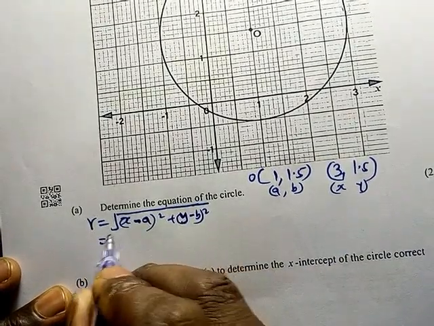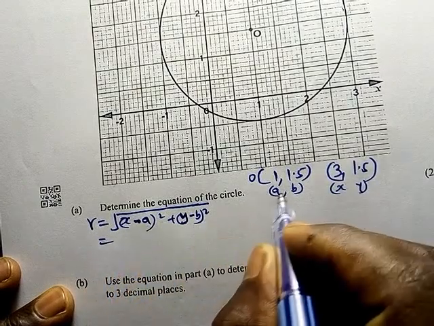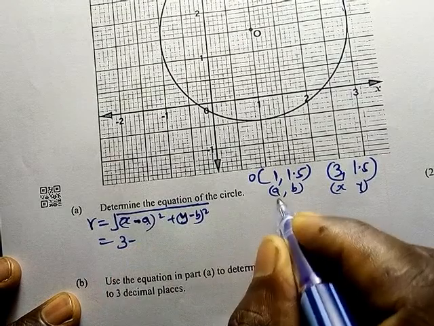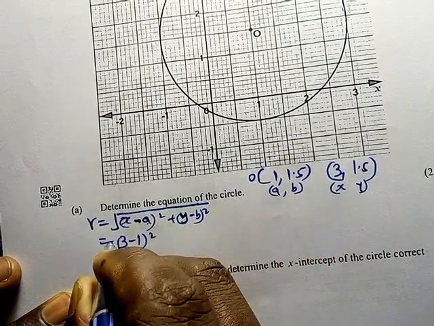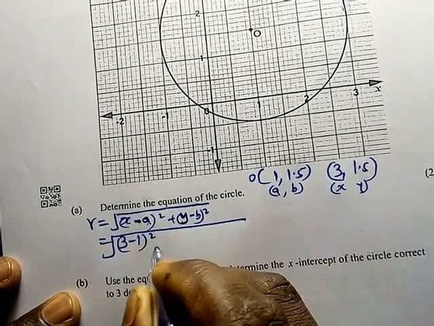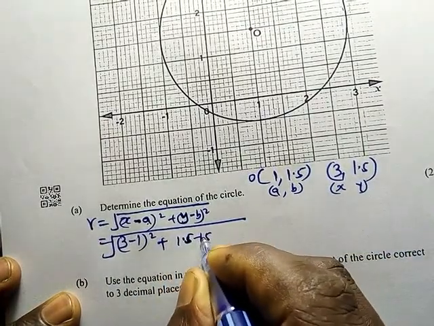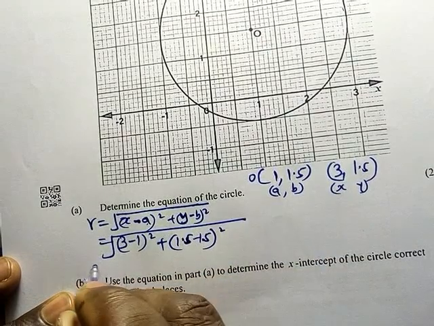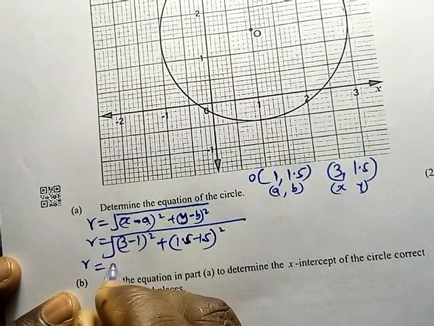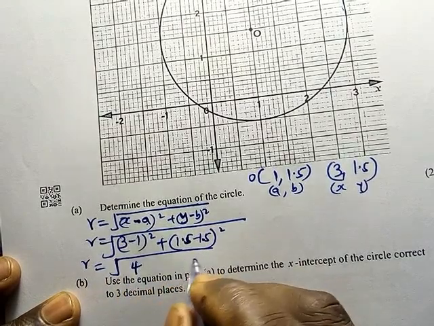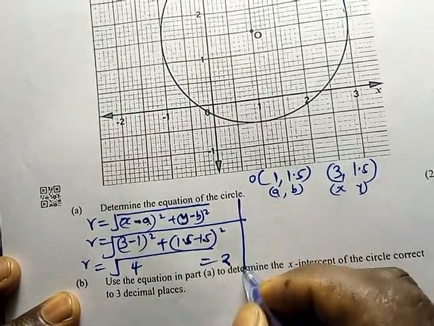So using this formula, x is 3, minus a, which is 1, squared, plus y, which is 1.5, minus 1.5 squared. So our r is actually the square root of 4, and that is equal to 2. So our r is 2.